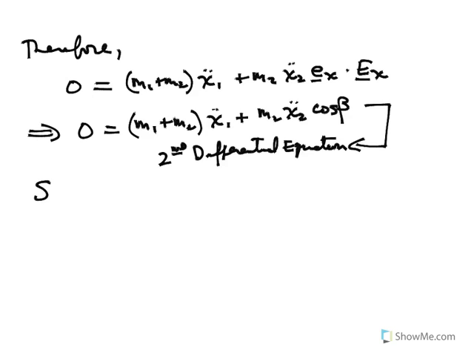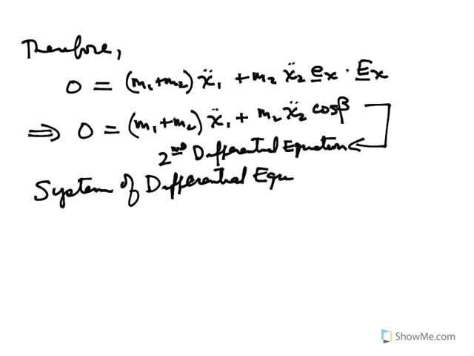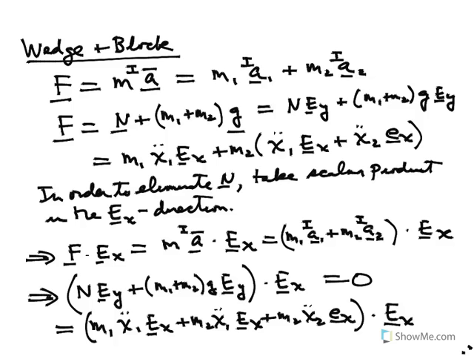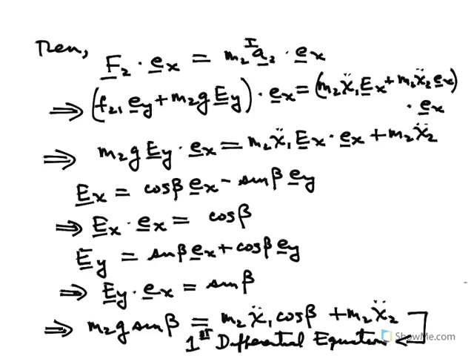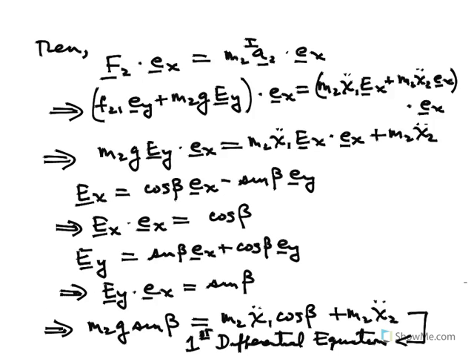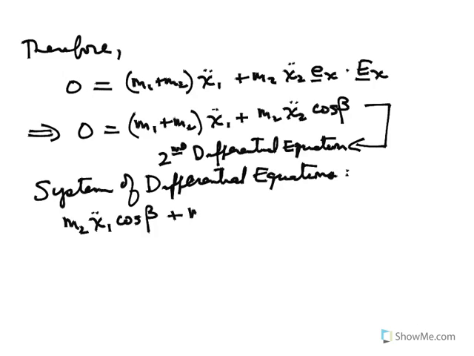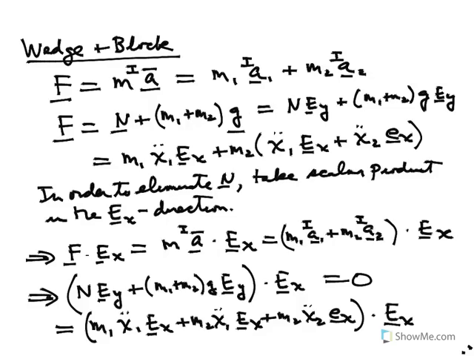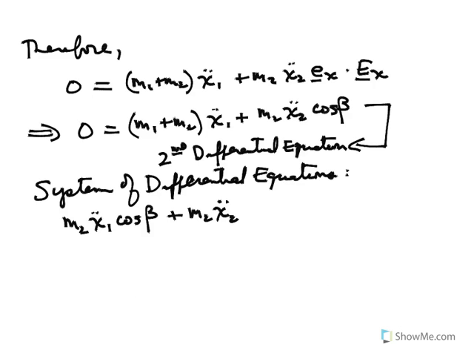So our system of differential equations looks like this. The first differential equation, which we already derived, is m2 x1 double dot cosine beta plus m2 x2 double dot, and if we want to put everything on the same side, minus m2 g times the sine of beta equals 0.